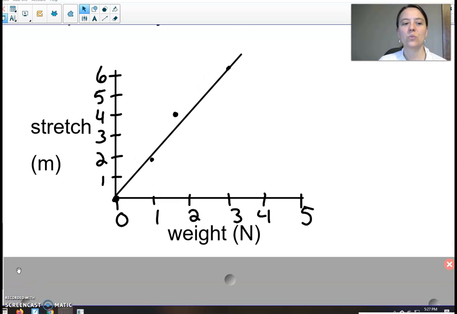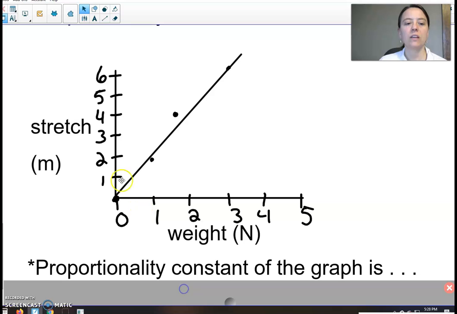So my question is, what is the proportionality constant of this graph, which is our stretch divided by our weight? So to figure that out, we would take a point on the line.